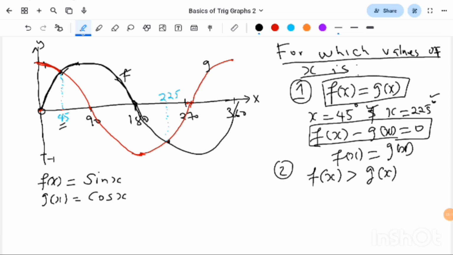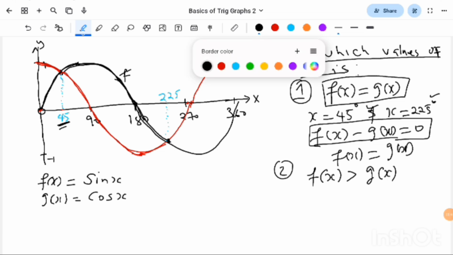When you look at g of x, which is the red line, it is below f of x. So I wanted where f of x is above g of x. It is from which values of x? It's from 45 all the way to 225.